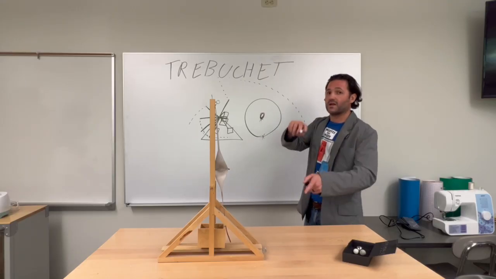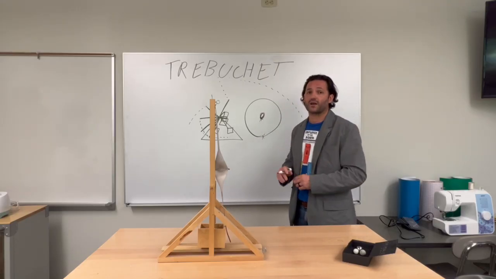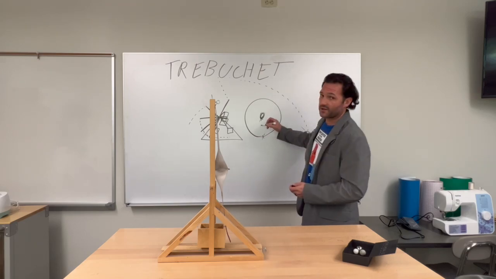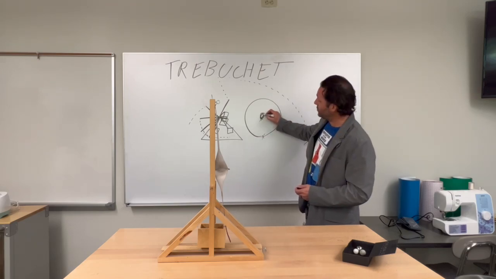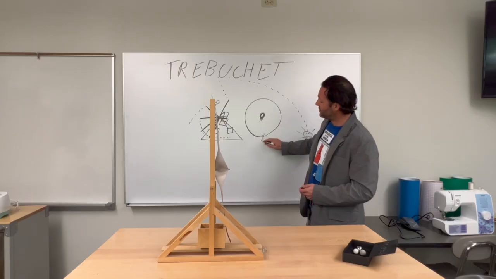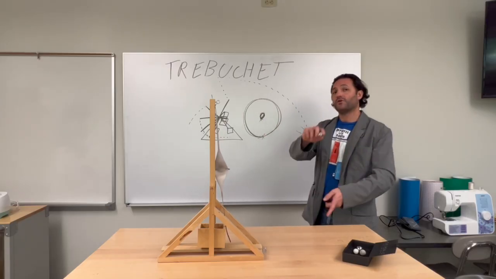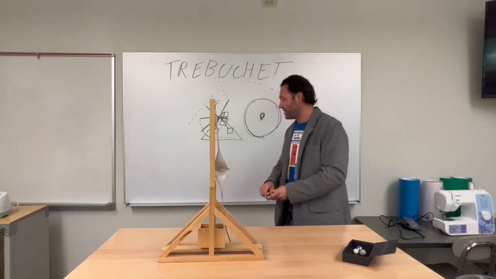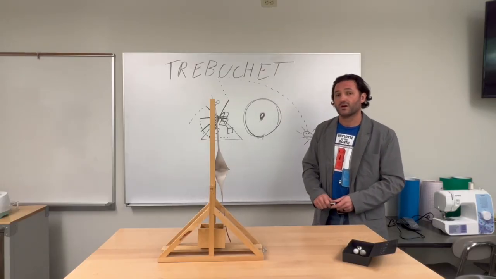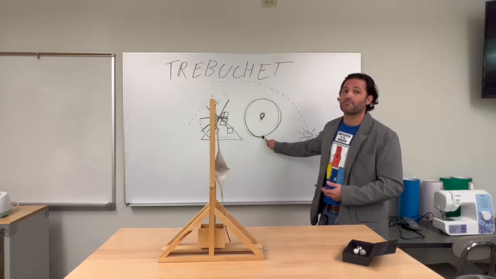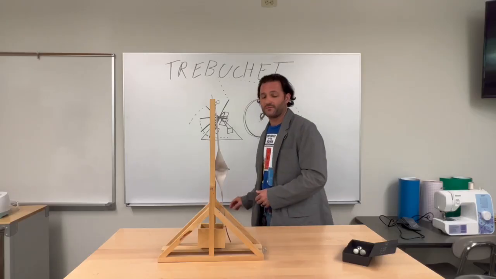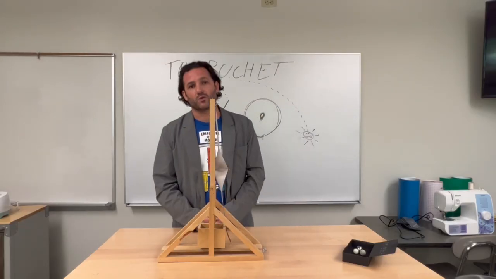So they both spin the same number of times every minute. The difference is this person's circle is only this big. This person's circle is that big. If they both complete their circles in the same amount of time, but this circle is much, much bigger, this person must be moving much, much faster. That's how the trebuchet works.